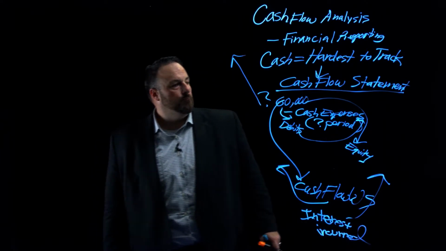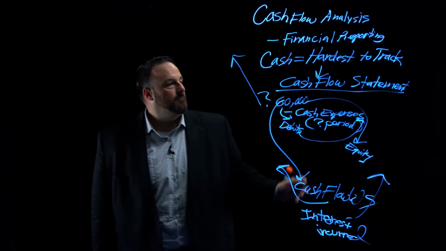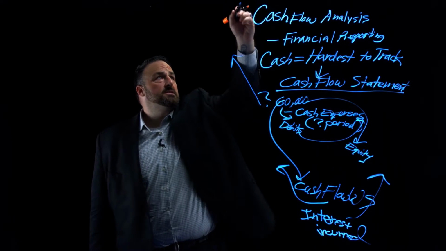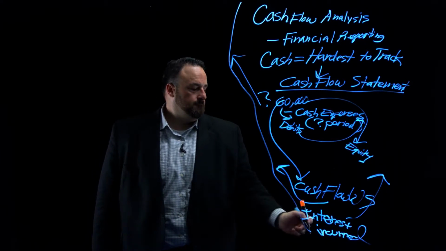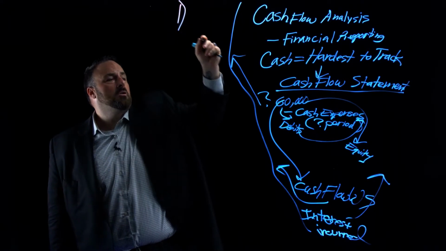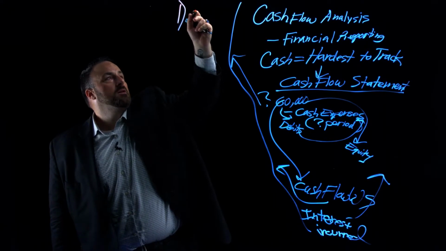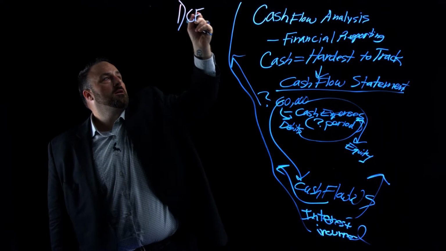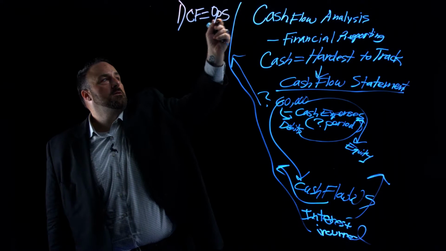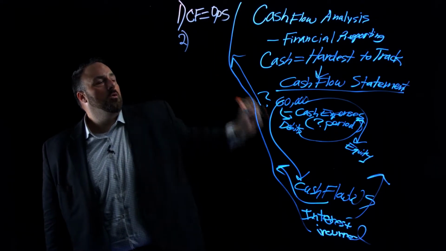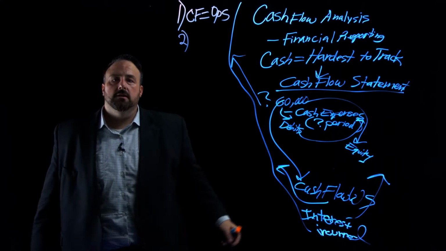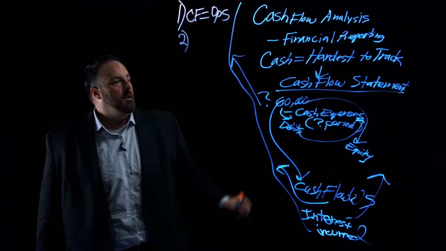Now, the cash flow statement displays cash flow from 3 different areas. You're going to see this again, so this is pretty important. We're going to call it cash flow from operations. All operational activity uses some type of currency, cash included, right?